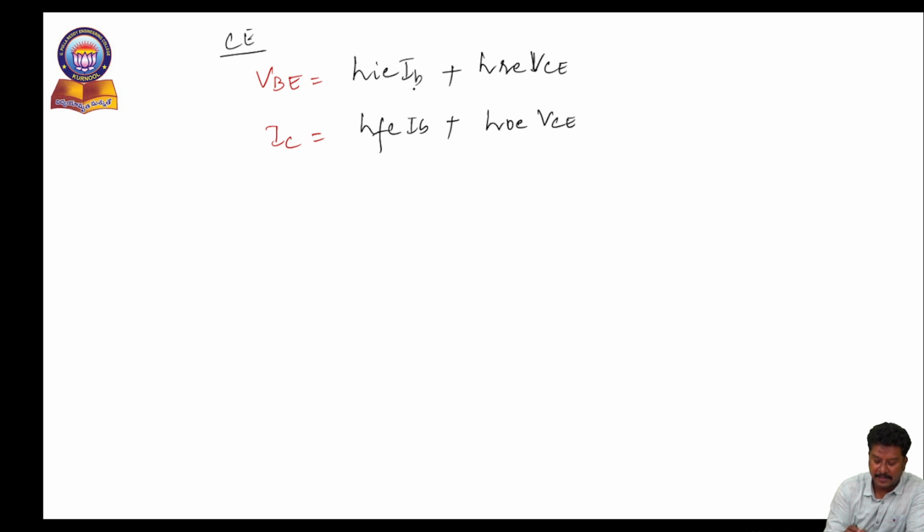Here I want to make clarity that I have to find out the variation of current and the variation of voltages with respect to this variation of VBE and IC.